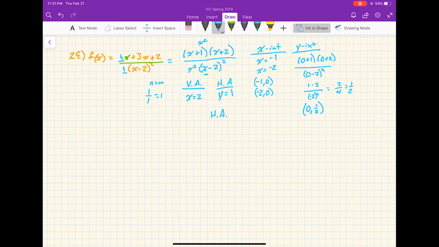So now that we know that we have a horizontal asymptote, we need to find out if we have an intersection of that asymptote. So we set our whole function to equal 1. I'm just going to have to put the 2 up here.